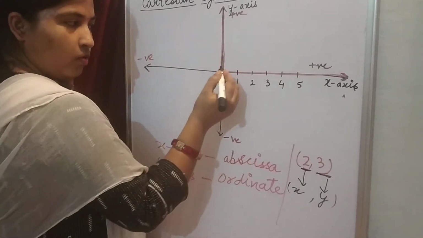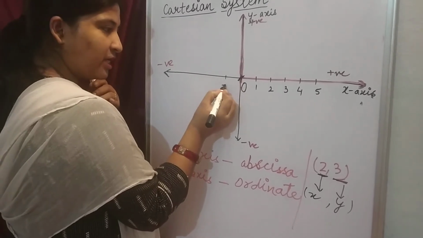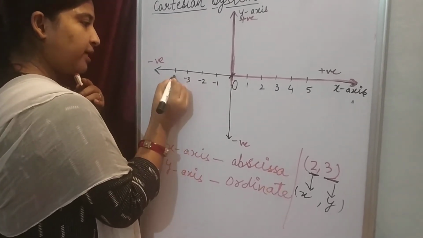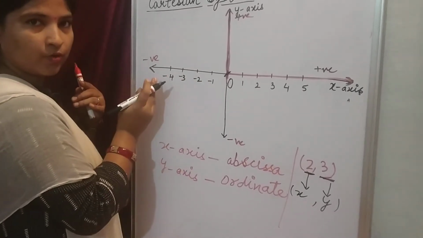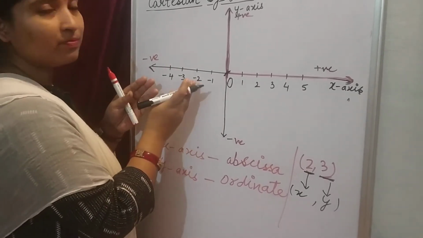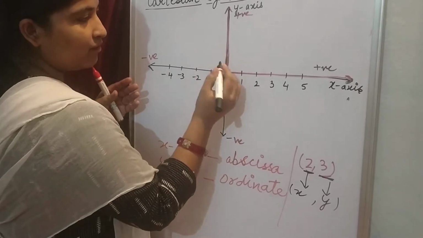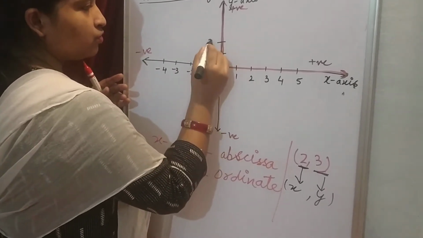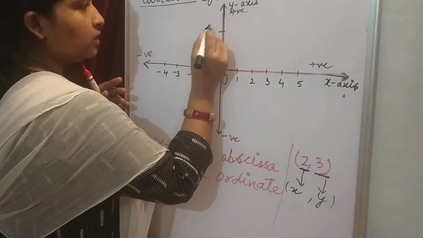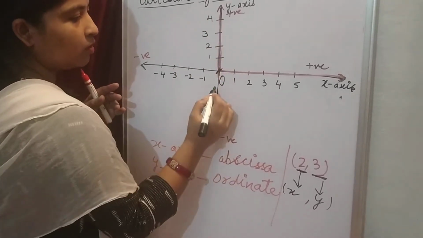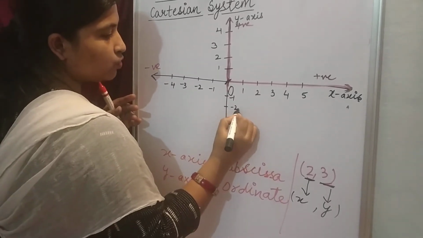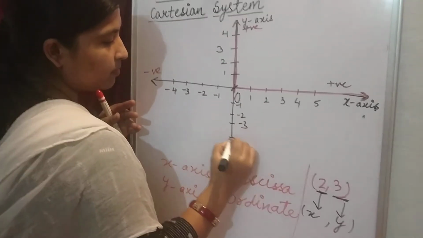Now on the negative side, -1, -2, -3, -4. Like the same way we are representing on number lines, the same way I am doing over here. On the y-axis 1, 2, 3, 4, and on the negative of the y-axis -1, -2, -3, -4.